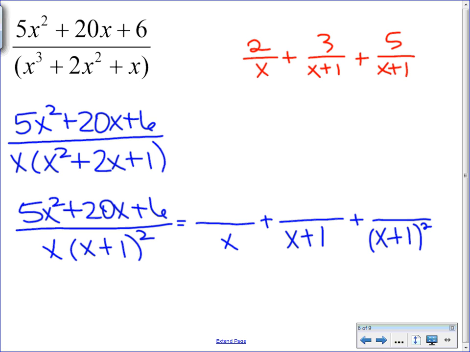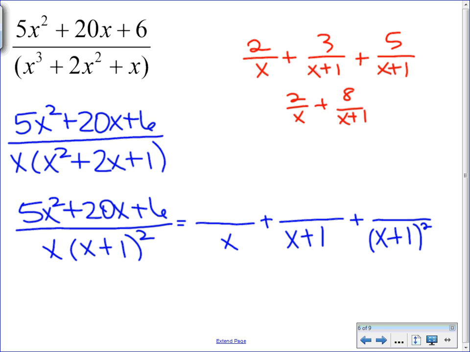Okay, so Katie wants this last one to just be x plus 1. But since these two have the same denominator, couldn't we combine them together? If I try to add these two, we're never going to get that x plus 1 squared represented.